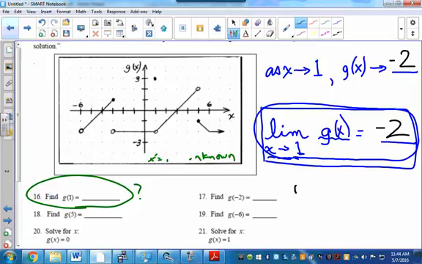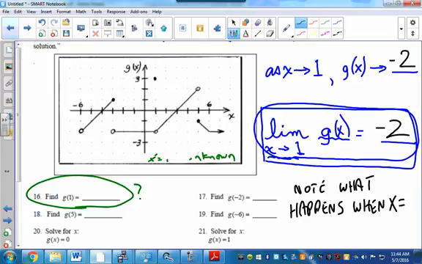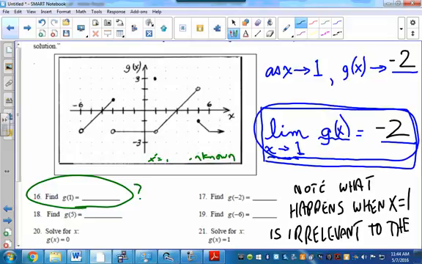Now note, and again, what happens when x is equal to 1 is irrelevant to the limit.